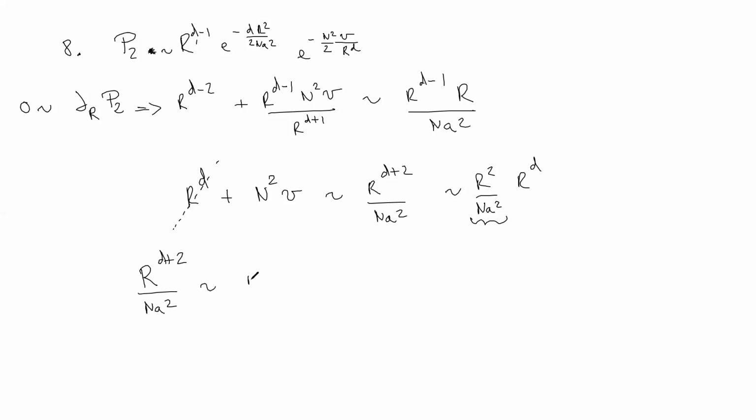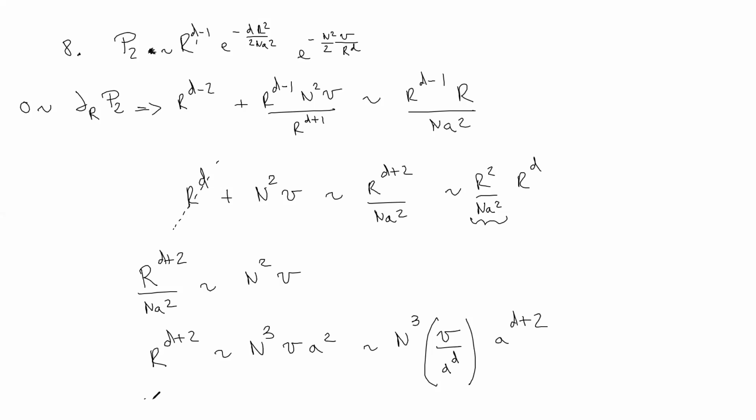That scales like n squared V. Stated differently, this is n cubed VA squared. Or if you prefer to recast everything into proper factors, AD plus 2.